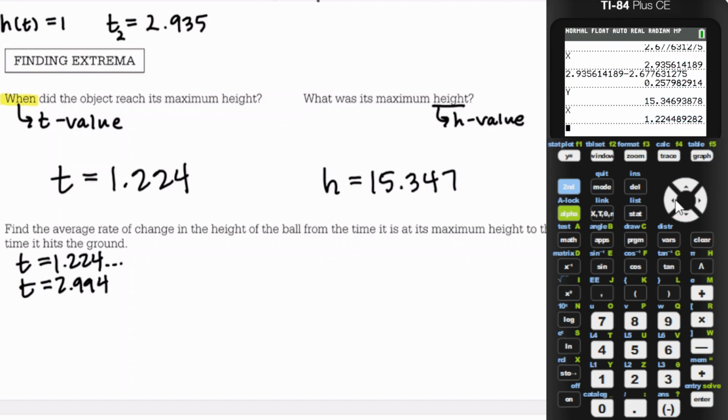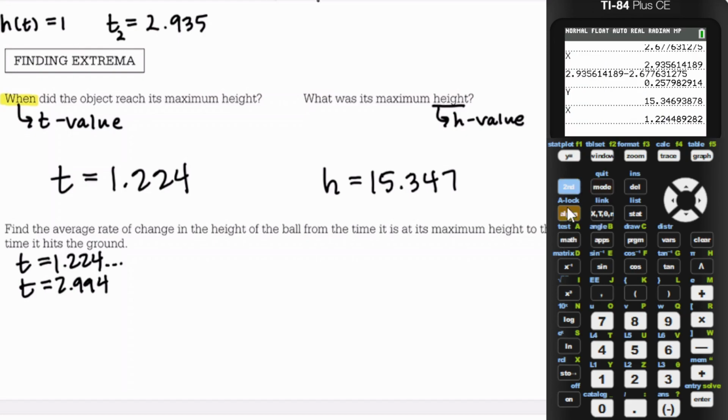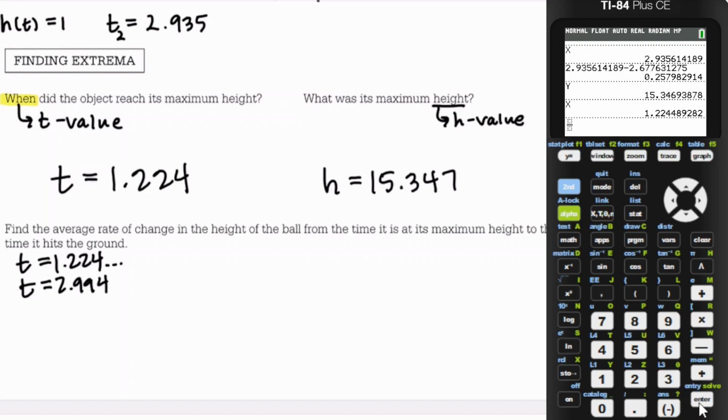But what I could do is go over here and calculate the zero one more time on blue. Well, that's to the left of it, 4 is to the right of it, I guess. Okay, there we go. And I'm going to grab this number. Oh, whoops, I was clicking on the wrong button.